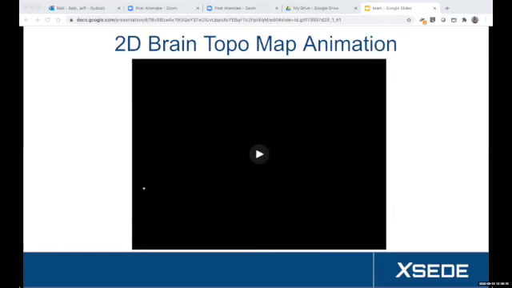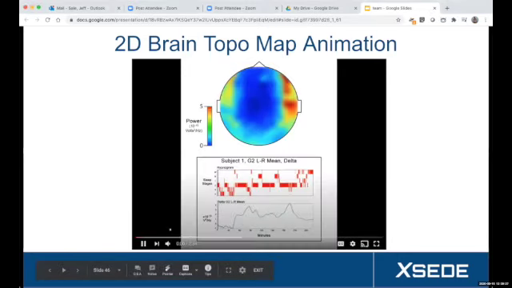But this example is, and this is intended to give you an idea of how 2D topographic brain maps can be used in animation. So let me go ahead and play this. And I don't expect it to play well, and I don't intend it to actually animate. So I'm going to pause it and then jump forward a little bit. Above, you can see the 2-dimensional brain maps. We generated these using Python code because we were working outside of EEG Lab.